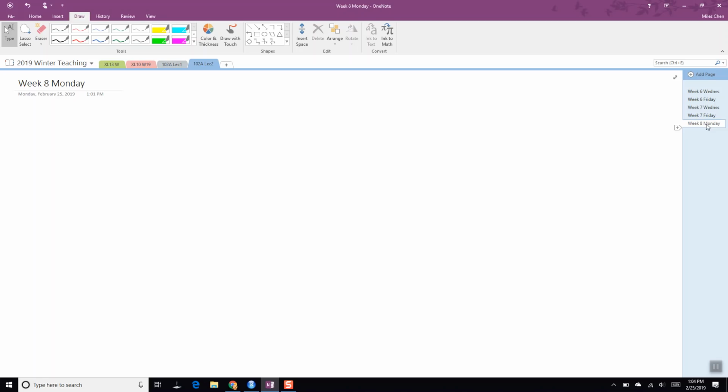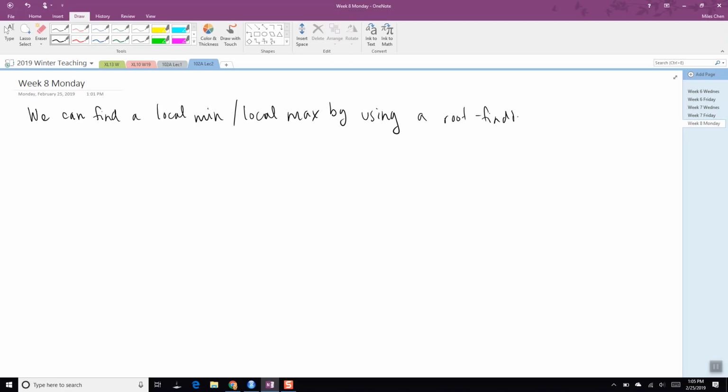Let me just write this down. Earlier we said we can find a local min or local max by using a root finding method on the derivative of a function.